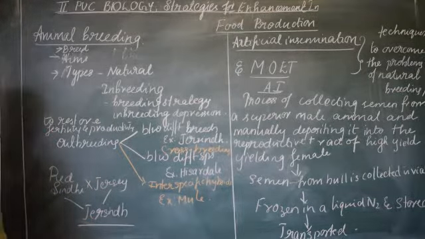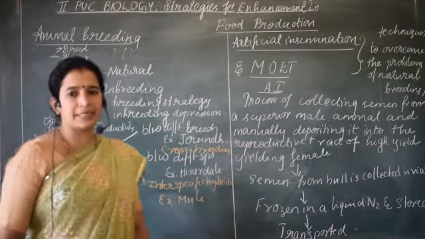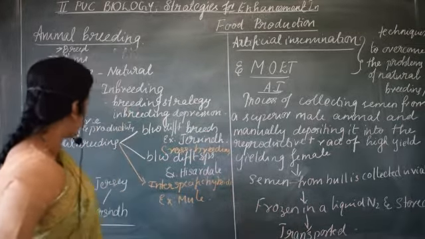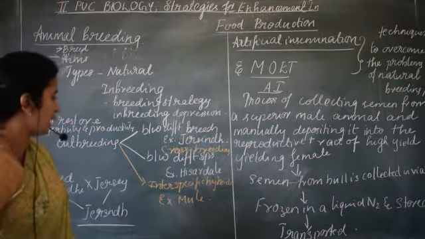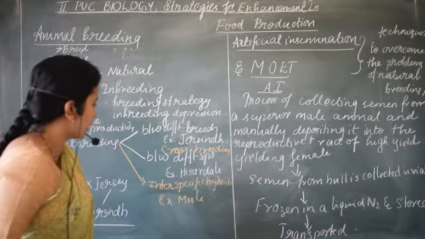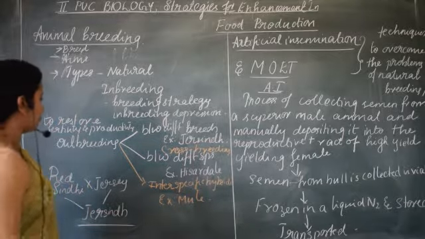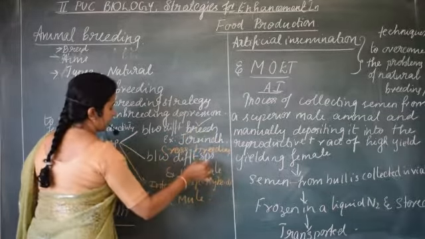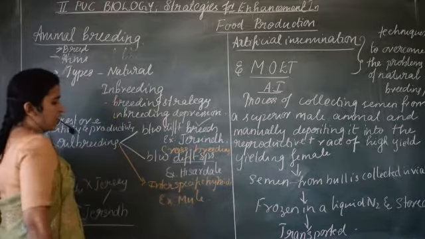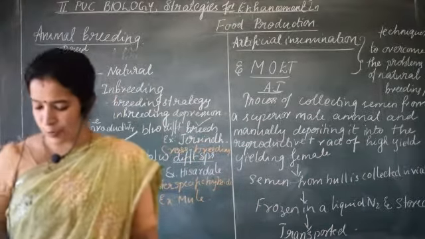This is one of the examples for which type of method? Outbreeding. Okay, so that is one example of outbreeding. How can we define this outbreeding strategy?